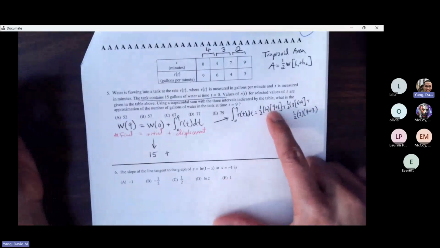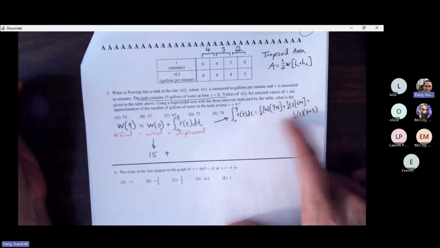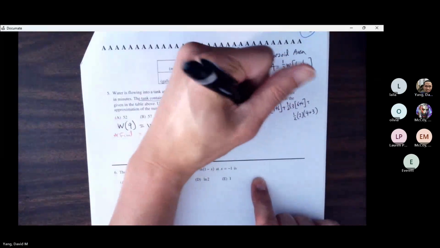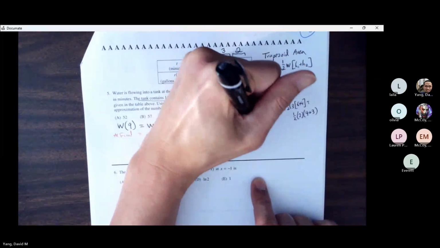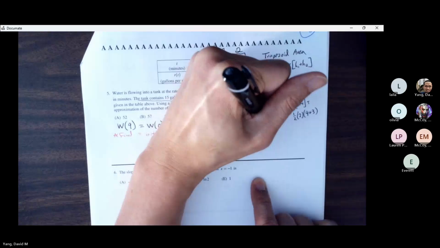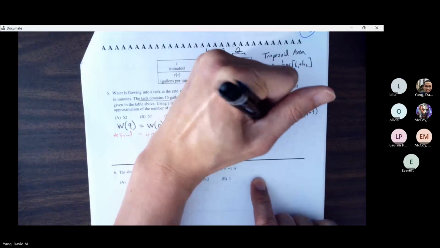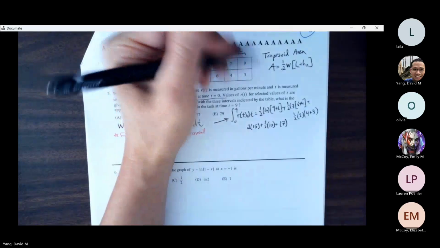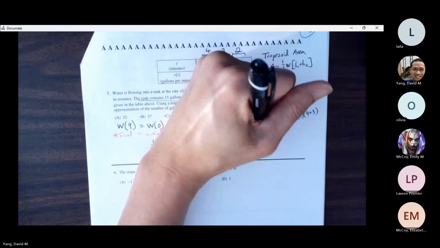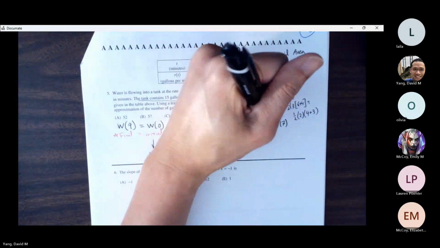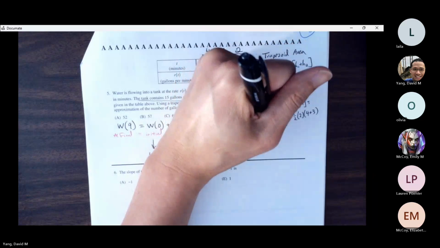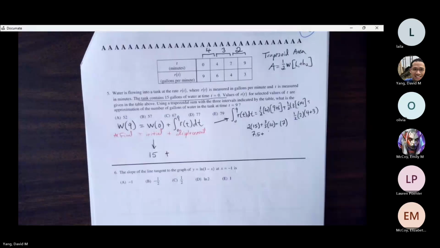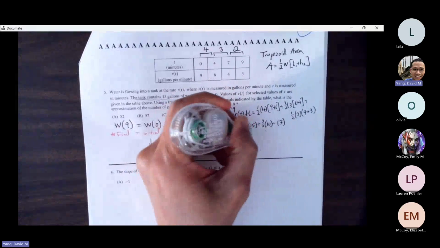All right, it's a little bit annoying that this is in the non-calculator section, so we have to work this out by hand. Oops, sorry. Not dividing, multiplying.